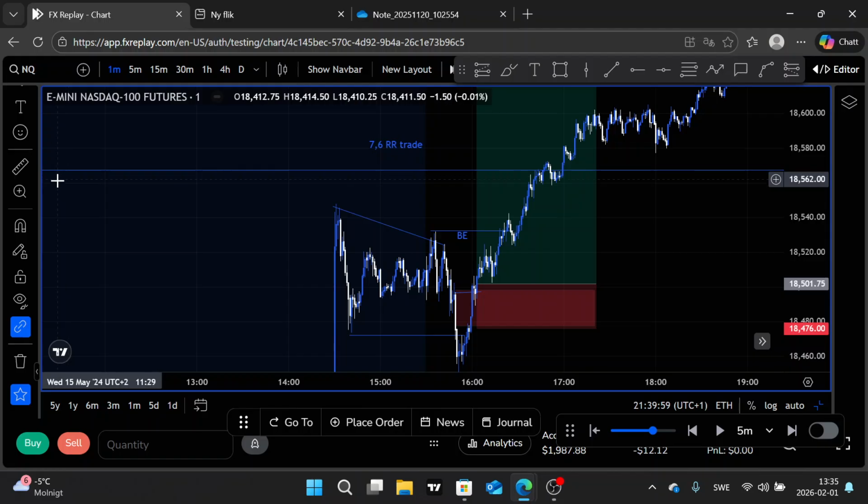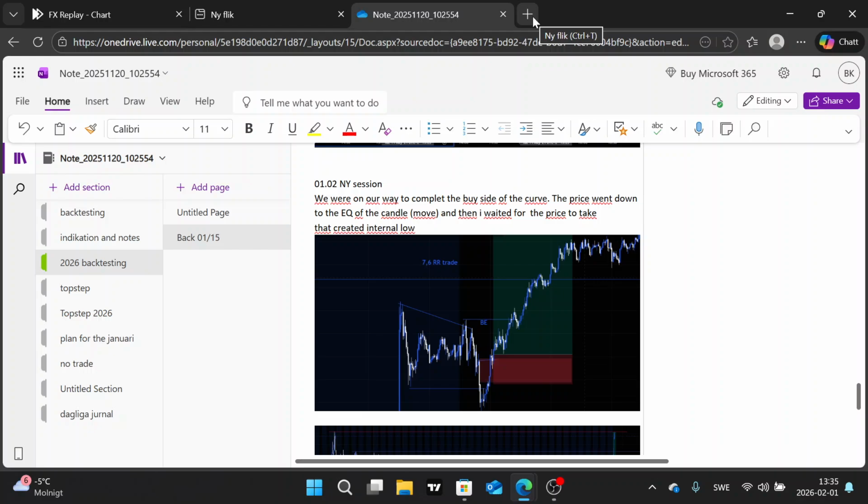Did we have an SMT? No, we didn't have an SMT, I think, at that moment. No. I waited for the price to take the created internal low and then move higher.